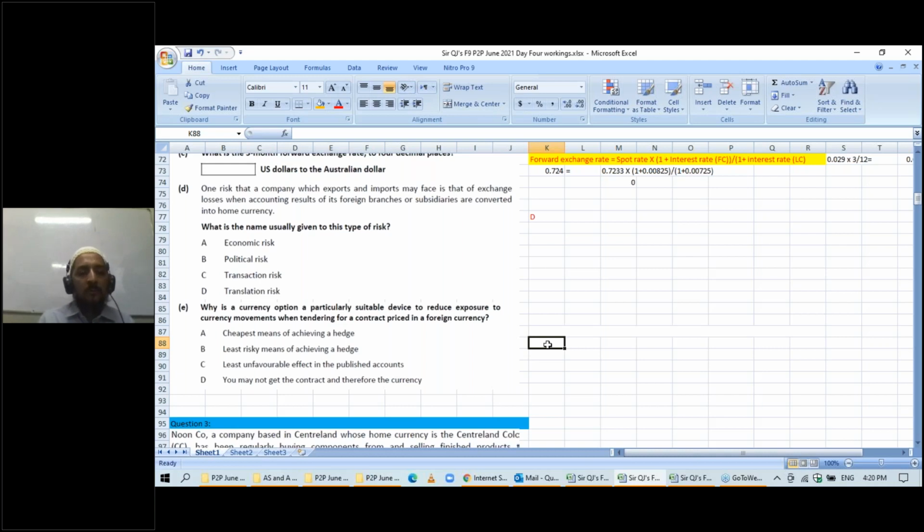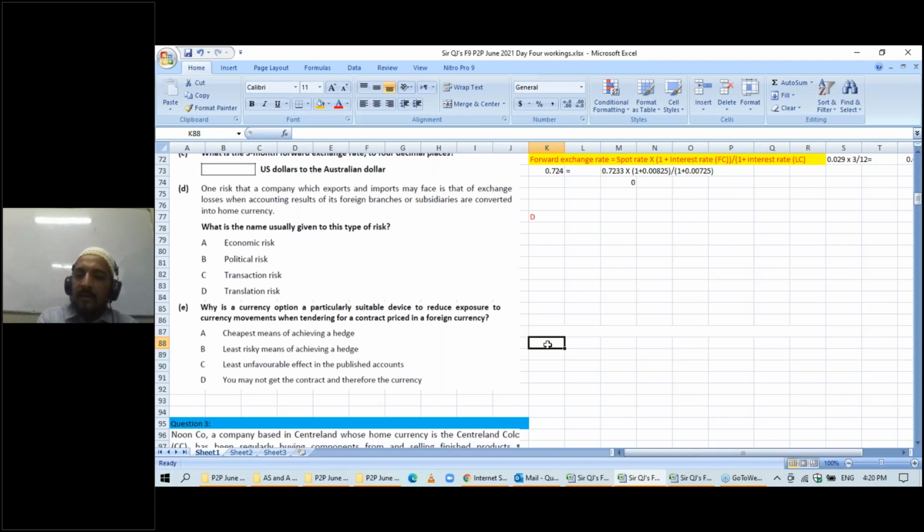Why is a currency option a particularly suitable device to reduce exposure to currency movements when tendering for a contract priced in a foreign currency? Now, what is tendering? Tendering is basically a process through which we try to obtain or win a contract. So we have not yet entered into a contract, right?